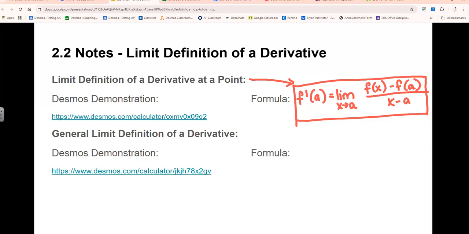Sometimes it would be much easier if I could get a formula where I could just get a derivative and then plug in the point afterwards, okay? So there is another formula, the general limit definition of a derivative, that is going to be helpful for us to see.